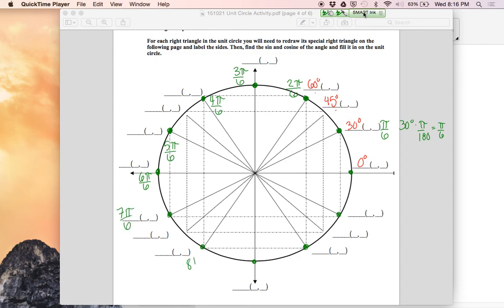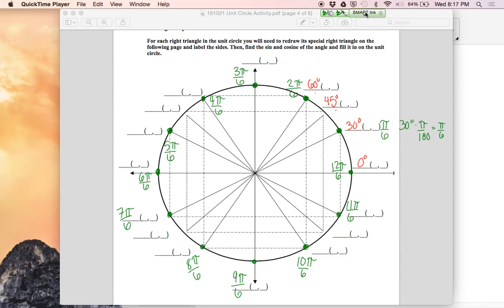And it keeps going. 8 pi over 6. 9 pi over 6. 10 pi over 6. 11 pi over 6. And if I add one more, I'm back here at 12 pi over 6. So 0 radians is the same thing as 2 pi radians, because 12 divided by 6 is 2 pi.